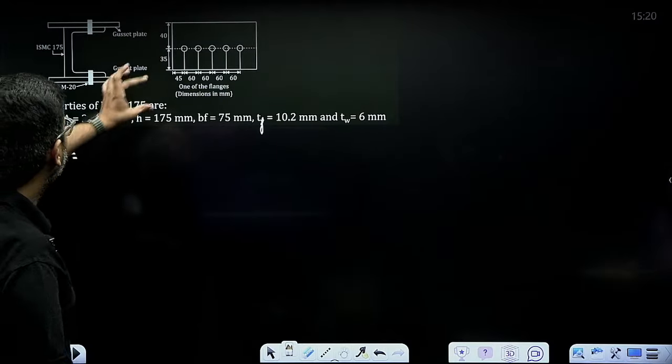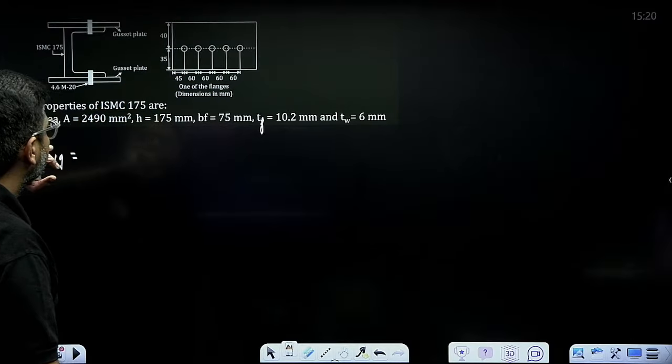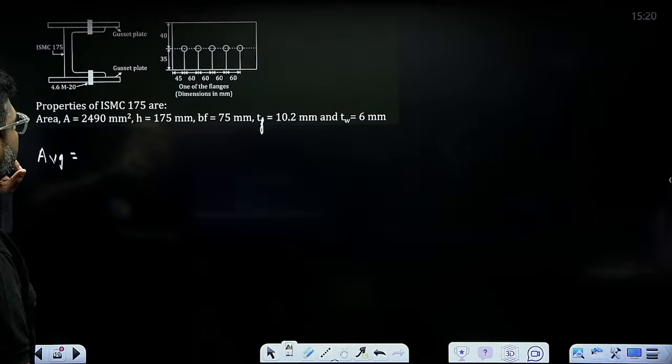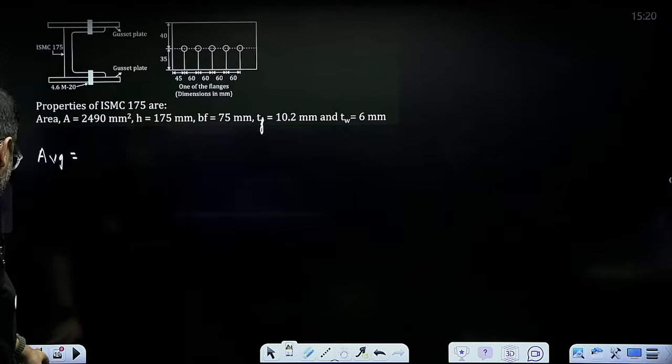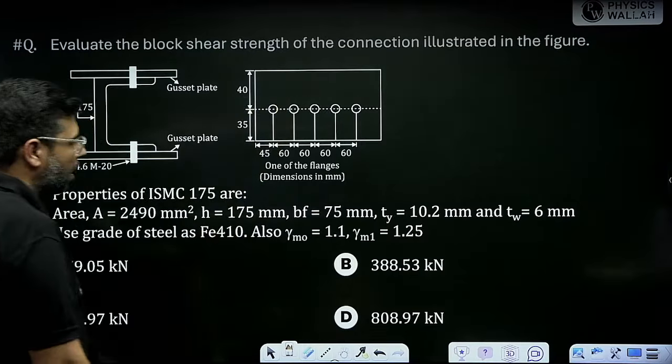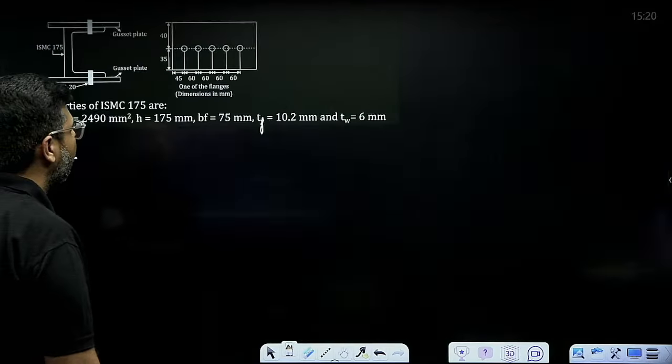I only need the thickness of this plate. We have to evaluate the block shear strength of this flange. So flange thickness I will take, that is 10.2 mm.